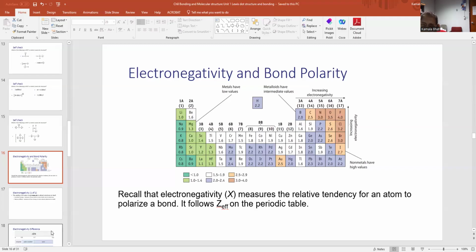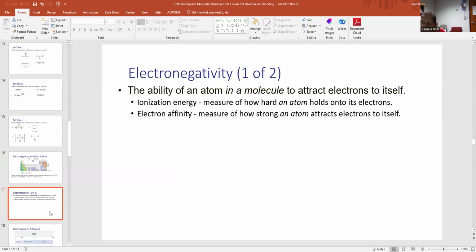And so generally, for a very simplified formula, Z effective is equal to the atomic number Z minus the number of core electrons, and you get an approximate idea of the Z effective value. Electronegativity is the ability of an atom in a molecule to attract electrons to itself. Ionization energy is a measure of how hard an atom holds on to its electron.